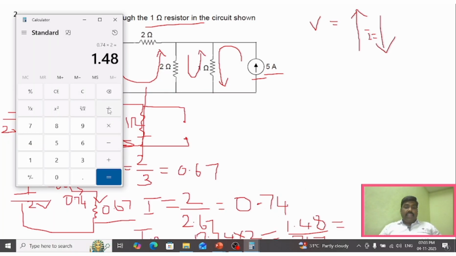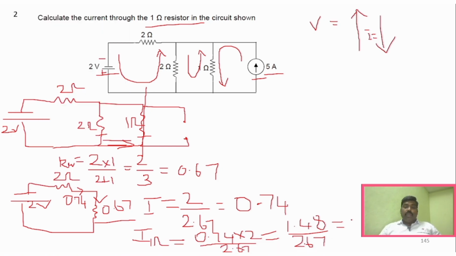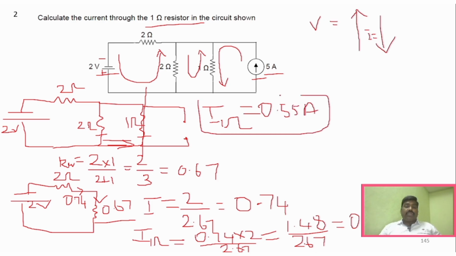So 1.48 divided by 2.67 will be 0.55 amps, right? So now the current across this 1 ohm resistor because of the voltage source is 0.55 amps. We have found out the current because of the voltage source.